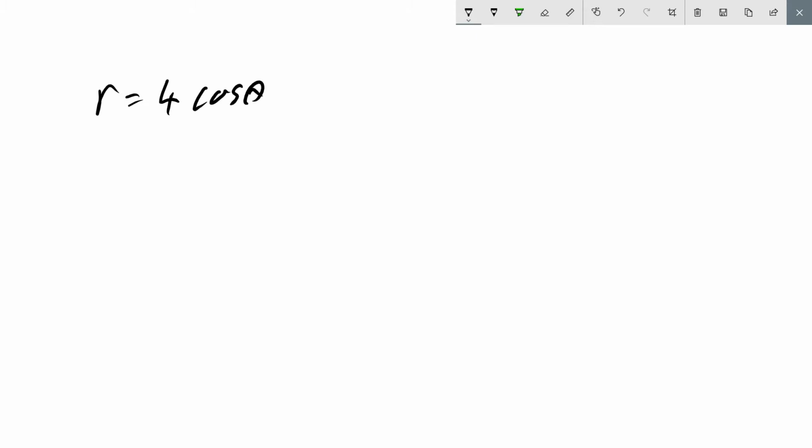What is our r value? Let's refresh ourselves. r is just the distance away from the origin, which is just x squared plus y squared rooted. Now that we have that in mind, I'm going to times r by both sides, so I now have r squared equals r cos theta.